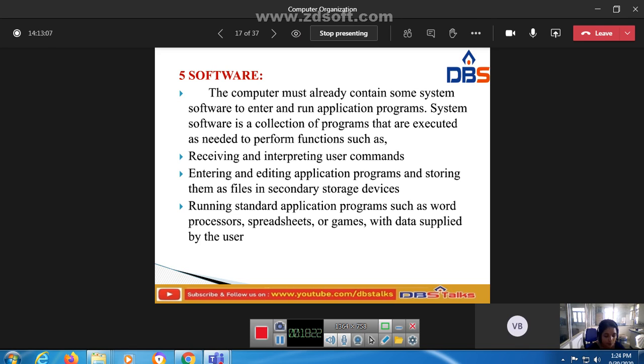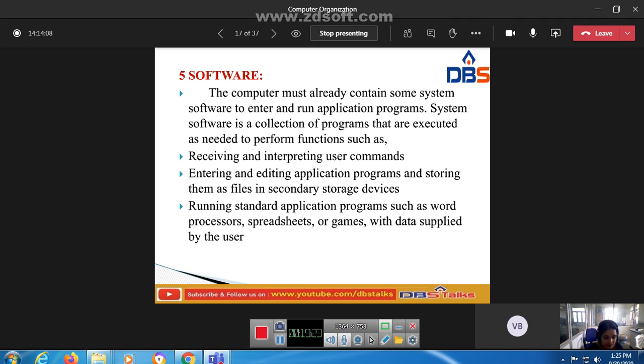System software is a collection of programs that are executed as needed to perform functions such as receiving and interpreting user commands, entering and editing application programs and storing them as files in secondary storage devices, managing the storage and retrieval of files in secondary storage devices, running standard application programs such as word processor, spreadsheet, presentation, games with data supplied by the user, controlling input-output units by receiving input information and producing output results, translating programs from source prepared by the user into object form consisting of machine instructions, linking and running standard application programs with existing standard libraries, such as numerical computation packages.